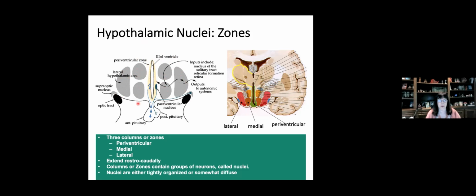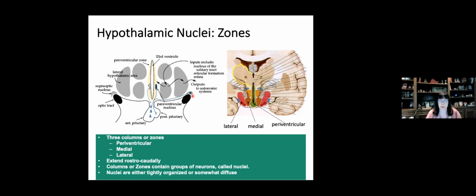Then there's a group of nuclei that are in the medial section. This is the medial column here, as I've designated down here. Then moving laterally, you have the lateral region. So if they say the lateral hypothalamus or the lateral this or the lateral that, you'll know where it is in space in the hypothalamus. Another thing they do is name the nuclei after where they are in relationship to other structures.